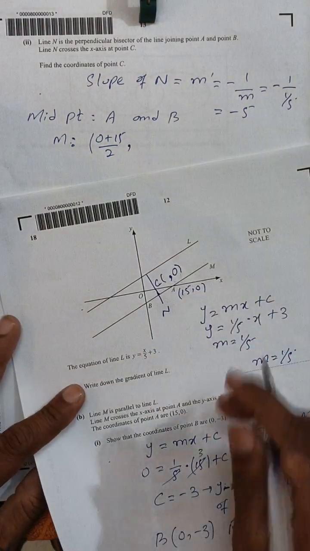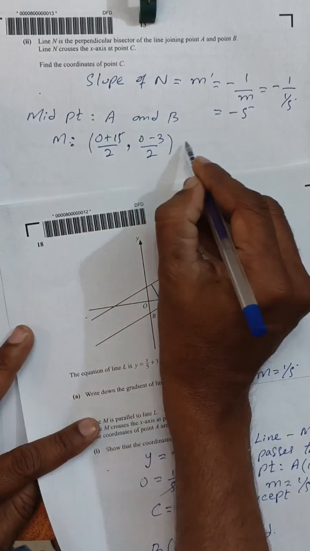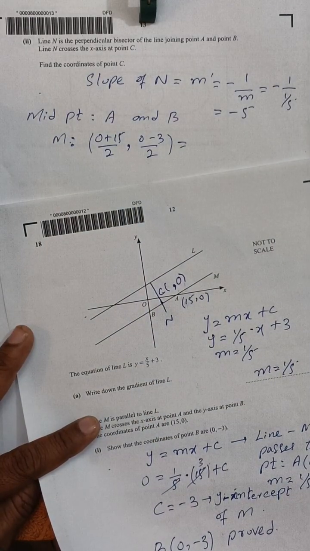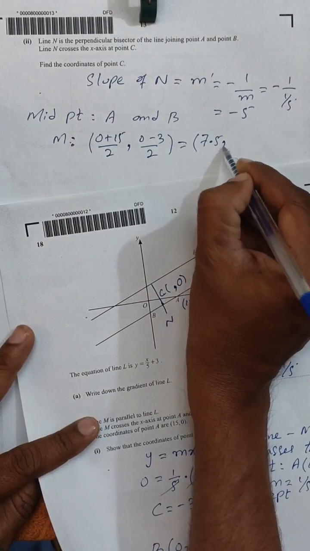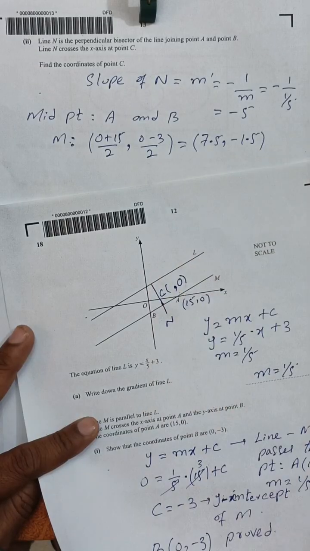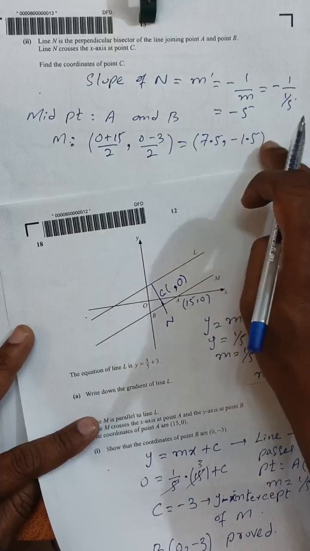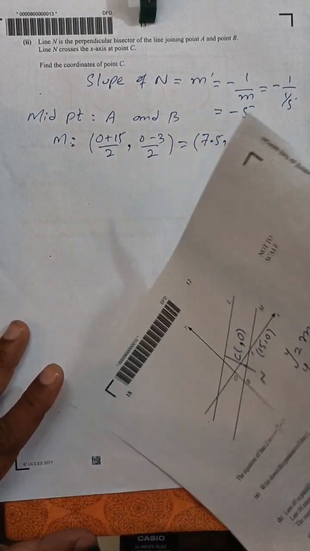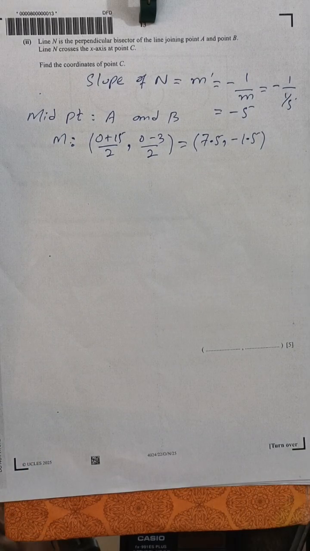Similarly, 0 minus 3 divided by 2. 15 divided by 2 and minus 3 divided by 2. So it is 7.5 comma minus 1.5. This is the midpoint. That midpoint satisfies the equation of N. So now you can find the equation of N.